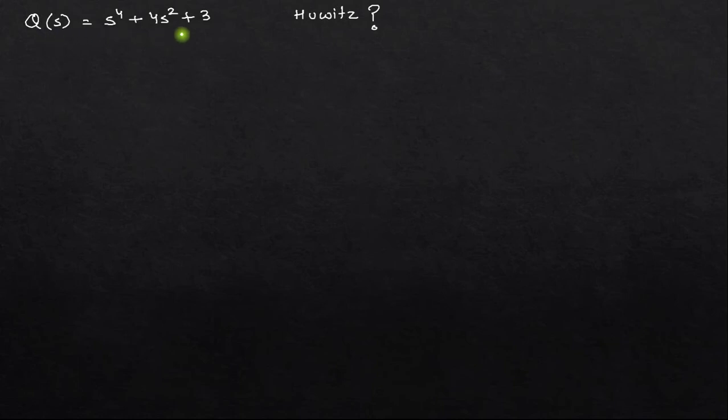Now we have this qs and we need to prove whether it is Hurwitz or not. As we can see, this qs is actually an even powered polynomial. That means it is an even polynomial. Now we cannot perform the continued fraction expansion simply. I need to calculate its derivative again. Using the condition number 4 we will prove it.